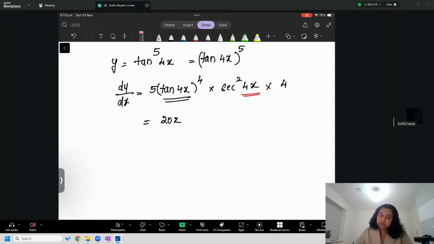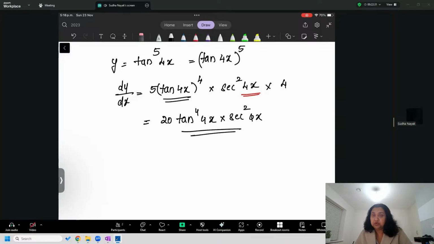Sorry. So it will be 20 tan to the power of 4 4x times sec to the power of 2 4x. So this is how it is going to work.